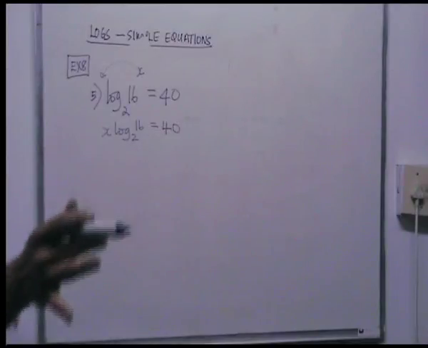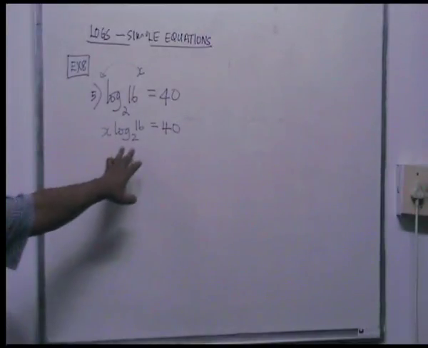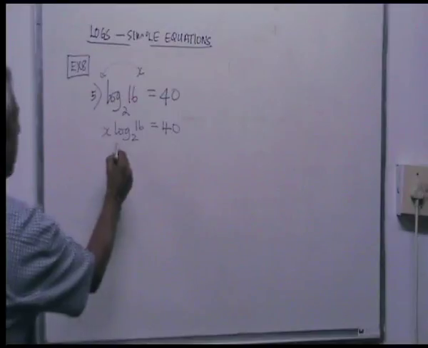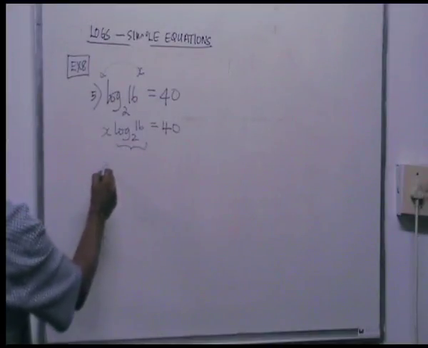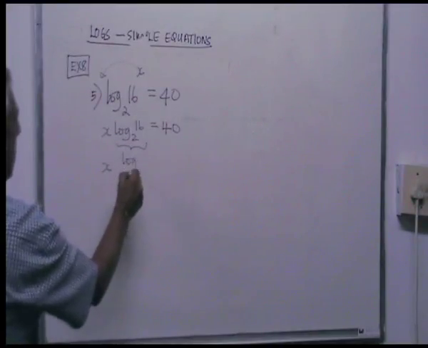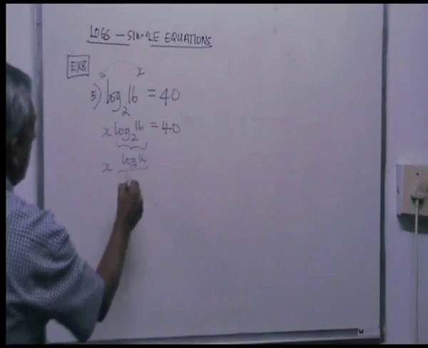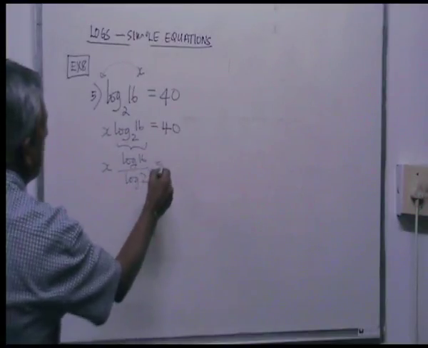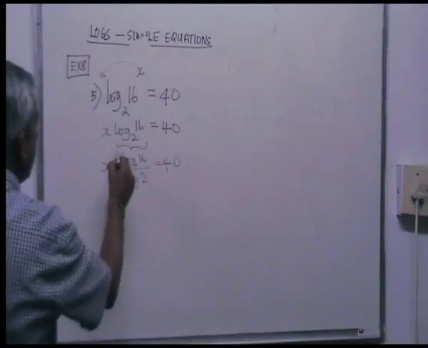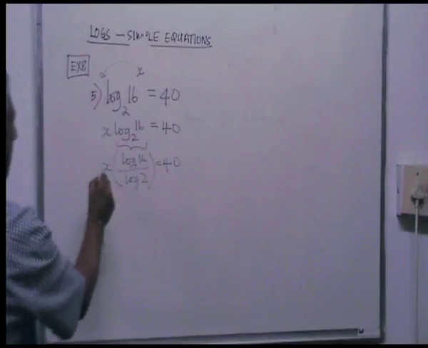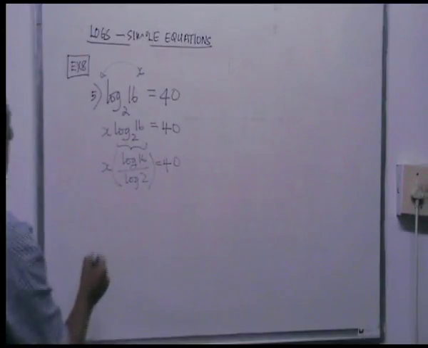Then you zoom out and you ask yourself, what can I do? Well, I can change base over here, you see. So x times log 16 over log 2 is equal to 40. See, I'm multiplying here. X times this is equal to 40.